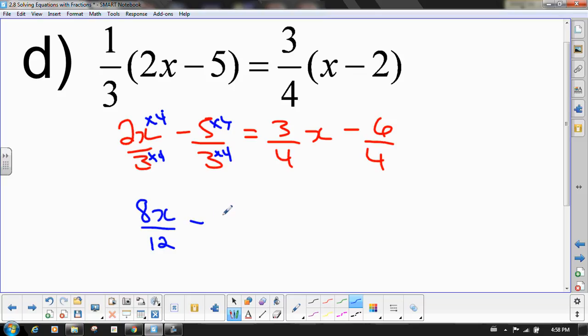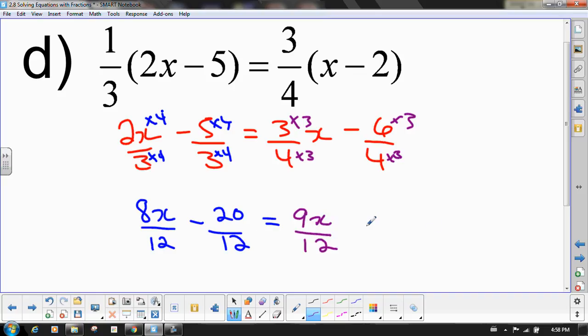I'm going to have minus 20 over 12 equals, just going to change color, because over here I'm going to have times 3. So I'm going to have 9x over 12 minus 18 over 12.